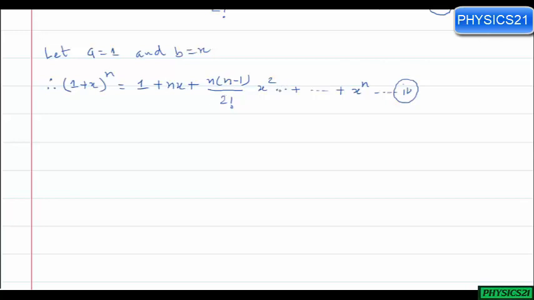Now there are some other special cases. Let the value of the power be negative. So we write 1 plus x raised to power minus n.